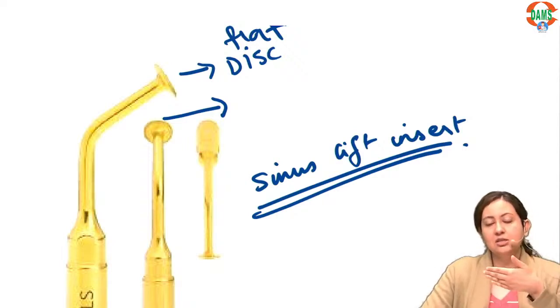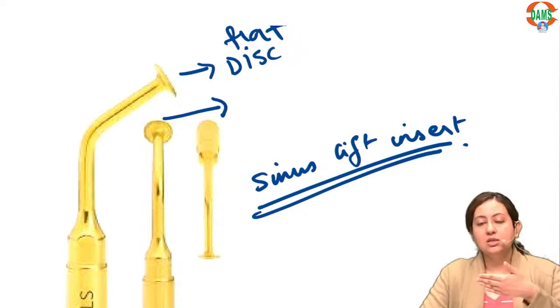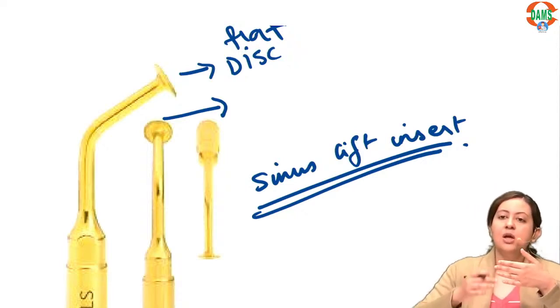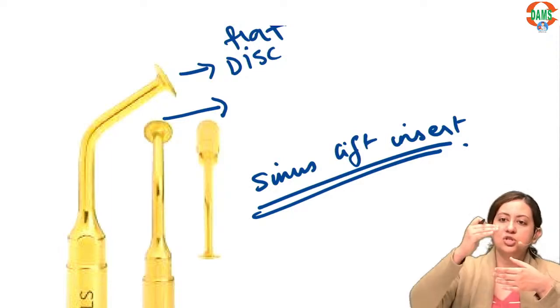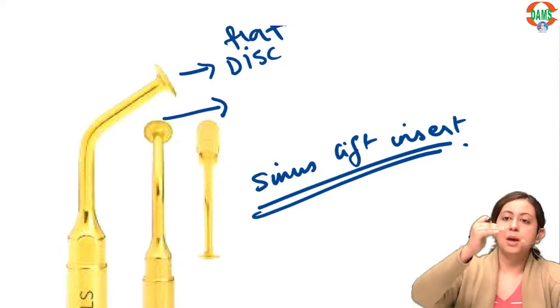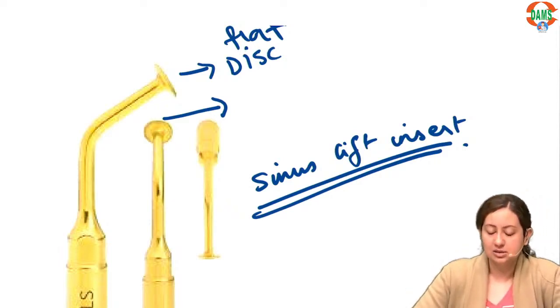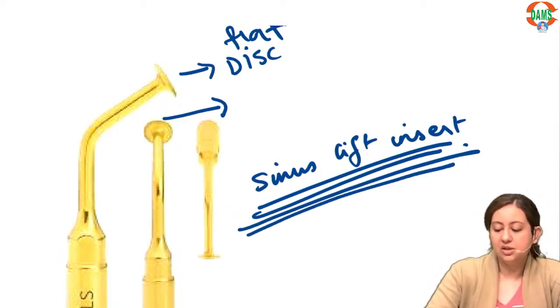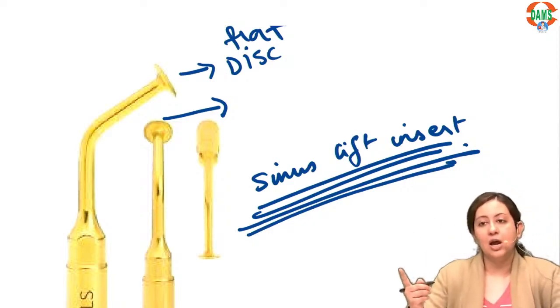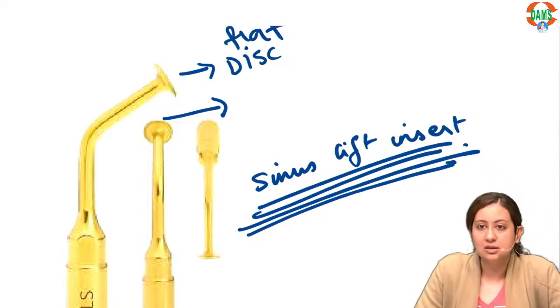The face of the disc is the non-cutting face. What is it used for? When we're doing sinus lift, to push the mucosal lining or the sinus membrane superiorly, further into the maxillary sinus. This one is a sinus lift insert. If this is given instead of that picture, your answer will become a sinus lift insert.